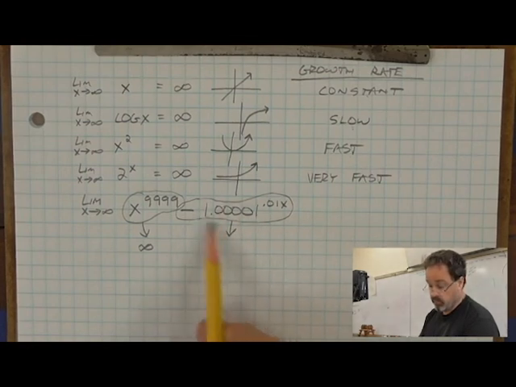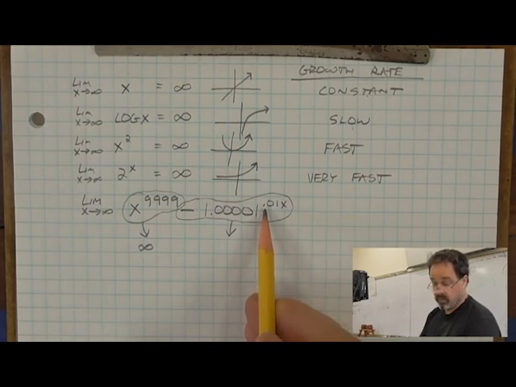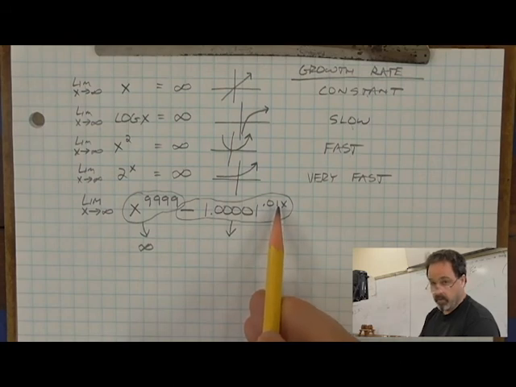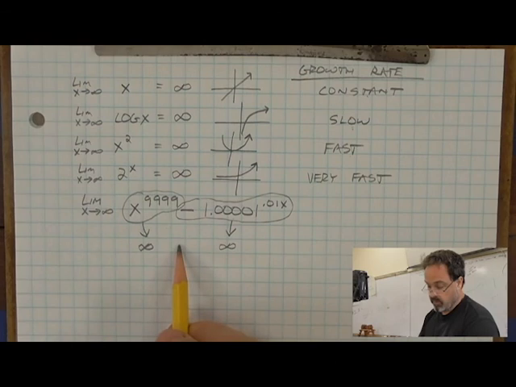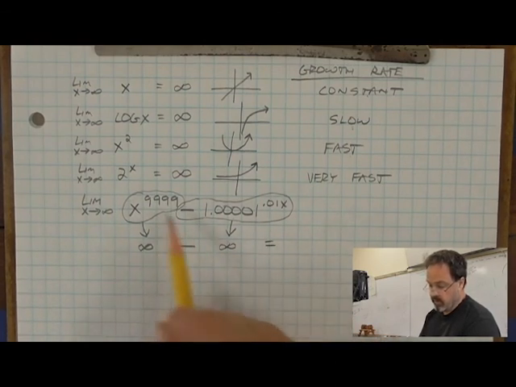So this is a growth rate that's very slow. And we raise it to an exponent that is positive, but it's very small because we're multiplying the input x by 0.01. So this is a very small growth rate raised to a very small power. But it's still exponential, and it goes to infinity. And because this term is being subtracted, we're going to put a minus here. It makes it negative. So what's the limit of the entire function?